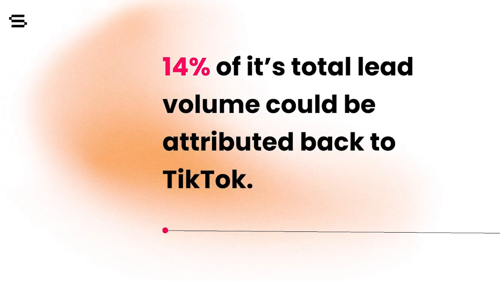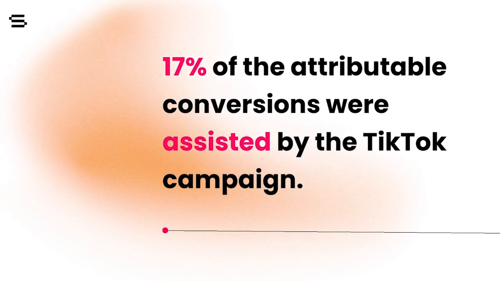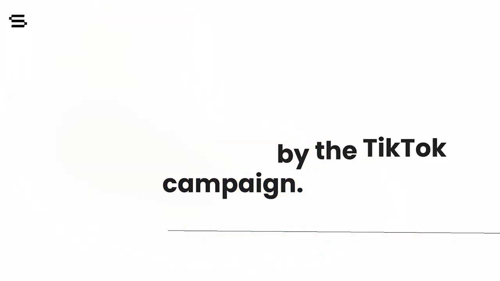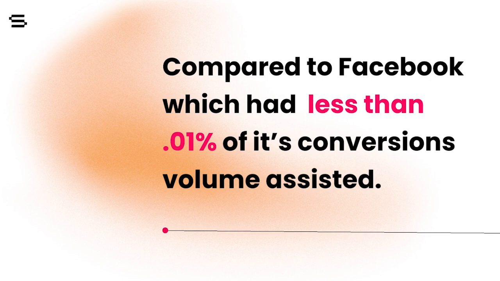We dug in even further using this GA4 data and found that nearly 17% of the attributable TikTok conversions were assisted, meaning that it wasn't a last click, that they interacted with TikTok really early on in their conversion journey. And when we dug in, we thought we might see something similar to platforms like Facebook, but actually we had less than 0.01, the tiniest percentage of total Facebook conversions listed as assisted. So this is telling us that users are using these two different platforms, while they're both social platforms, in vastly different ways, and we need to execute on them accordingly for optimal success.